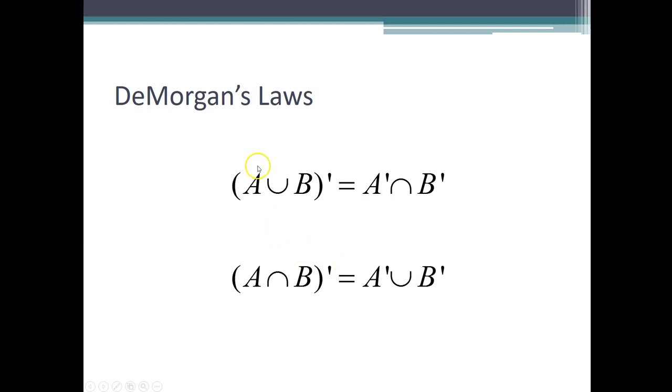But anytime you have a union in parentheses and a complement outside, that's the same thing as taking the opposite or the complement of whatever the first one is, flipping the sign in the middle, and then taking the complement of whatever the second one is. And that comes out the same. So if you have a union, it's equivalent to an intersection. If you have an intersection, it's equivalent to a union.